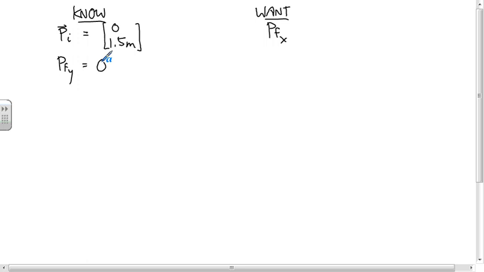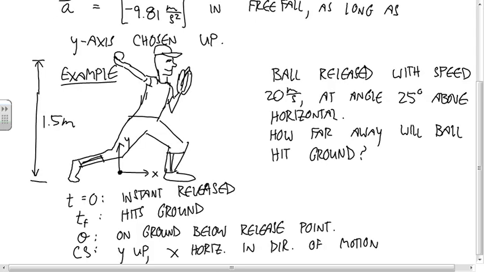Do we know either component of vi? We don't yet, but we can figure it out. We know that there's a speed of 20 meters per second, and it's being thrown at an angle like this, where this angle is 25 degrees. And so that vector in this coordinate system is 20 times cosine of 25, 20 times sine of 25.